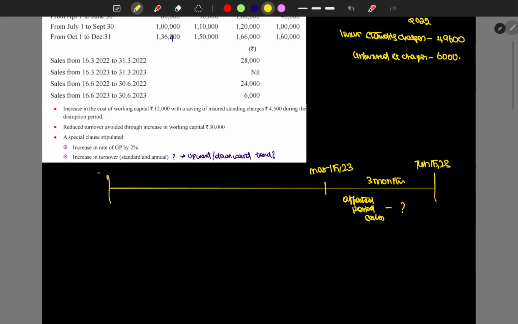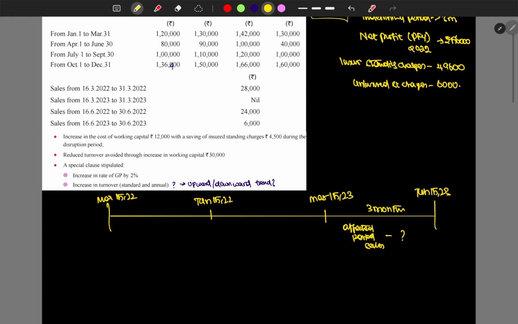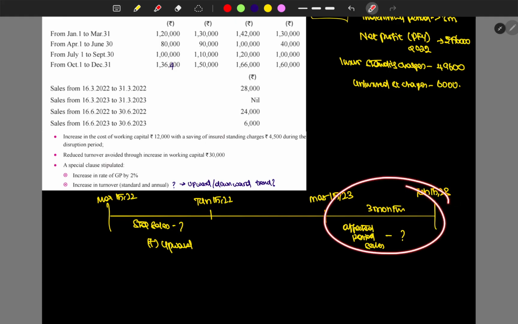And then this is March 15, 22 to June 15, 22, which is the same period of the previous year, which is the standard sales for this. This is the standard sales, and if there is any upward trend, we need to add those back also to compare with this period.